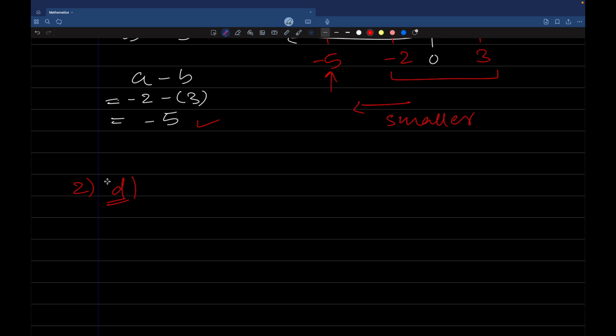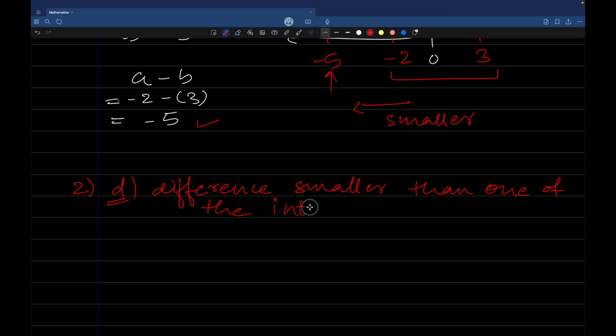Now let us solve question number 2d. Question number 2d says that we have to find the difference smaller than one of the integers. We again have a comparison here.